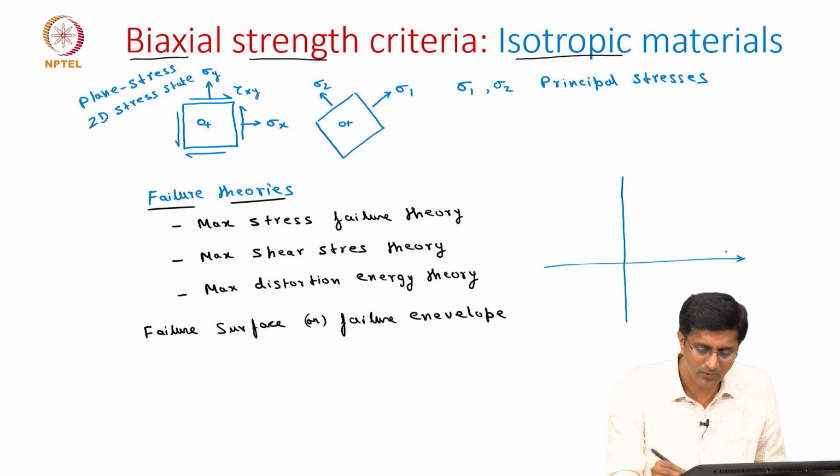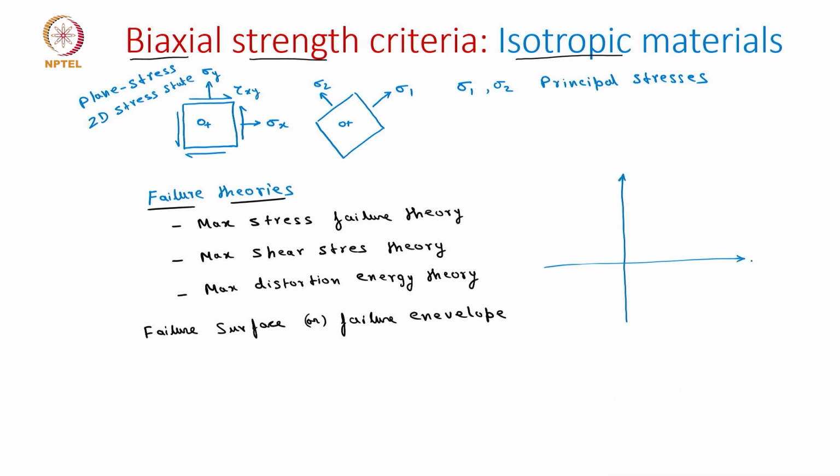So these are usually plotted with respect to sigma 1 and sigma 2, which are the principal stresses. And if we are looking at the maximum stress failure criterion, it will be symmetric about both sigma 1 and sigma 2 because the strengths are the same in both directions, in tension and compression.